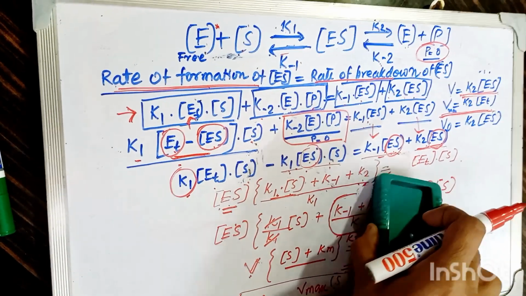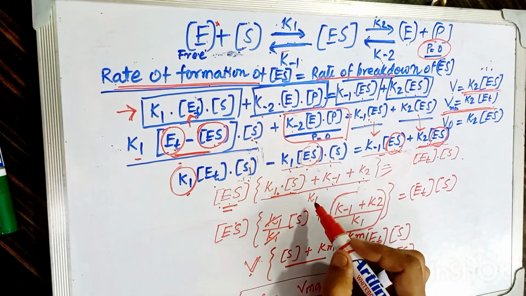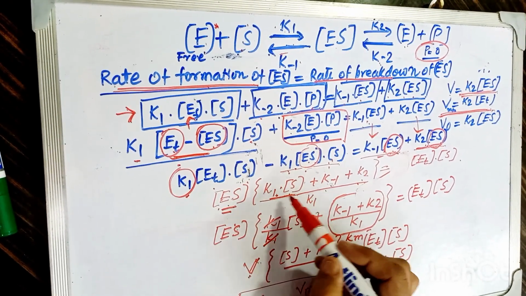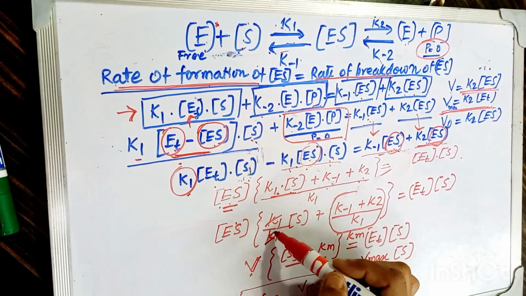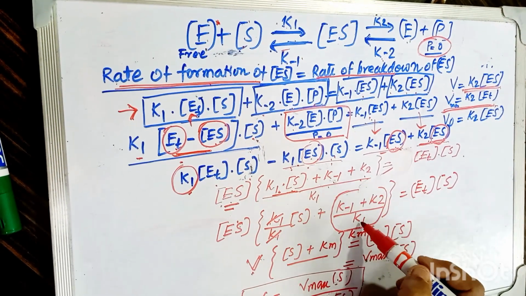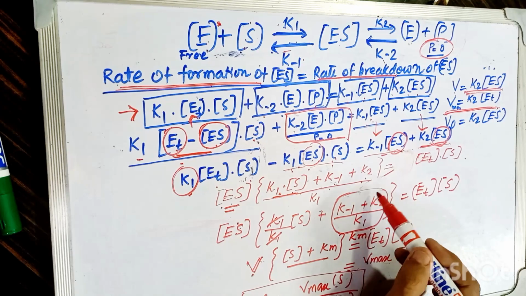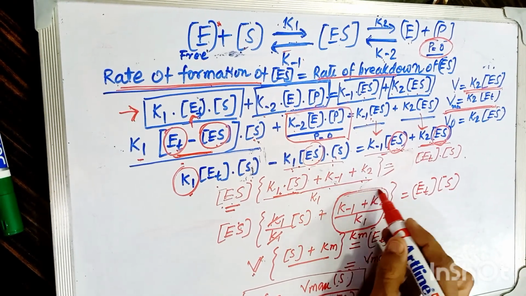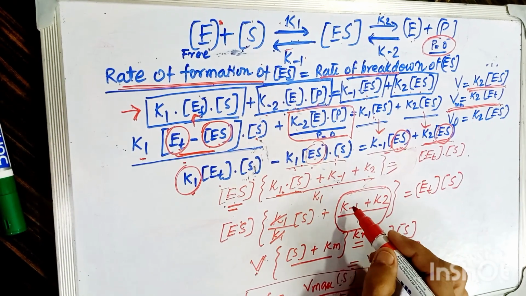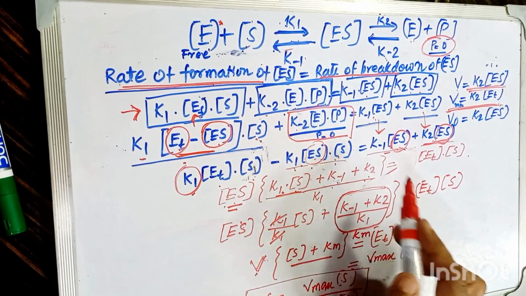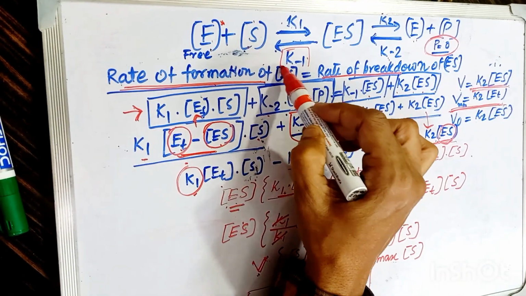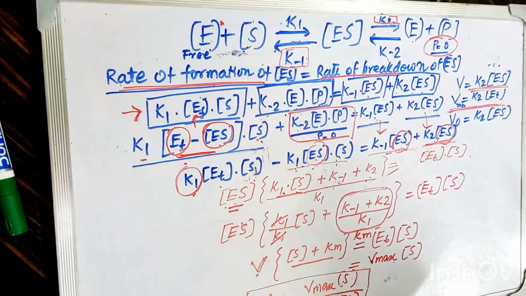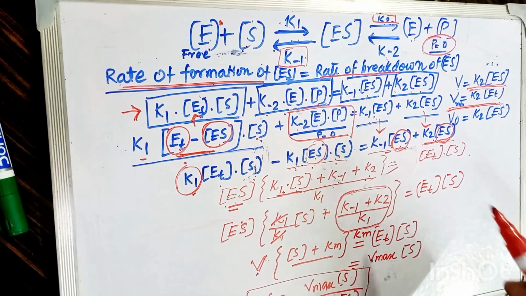So the equation changed, sharing K1 equally, and this forms the Km. This is the expression of the Km: K minus 1 plus K2 by K1.